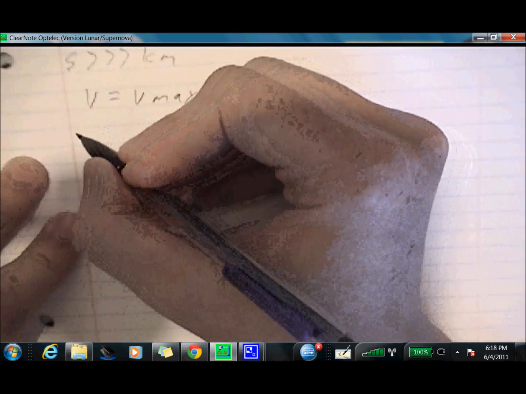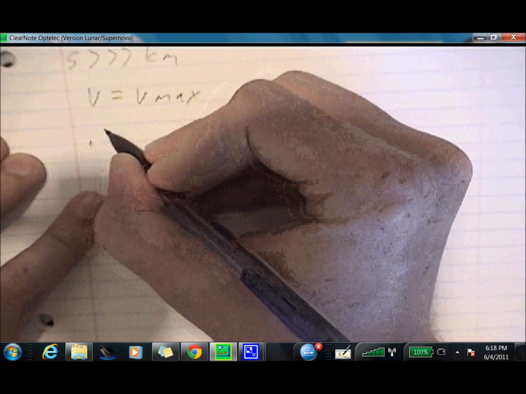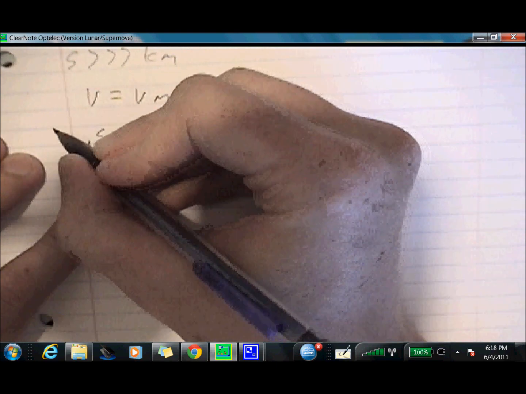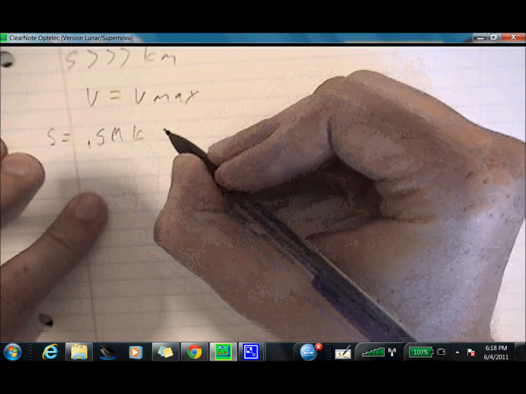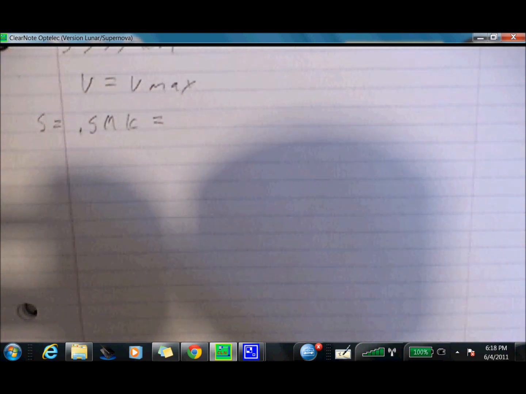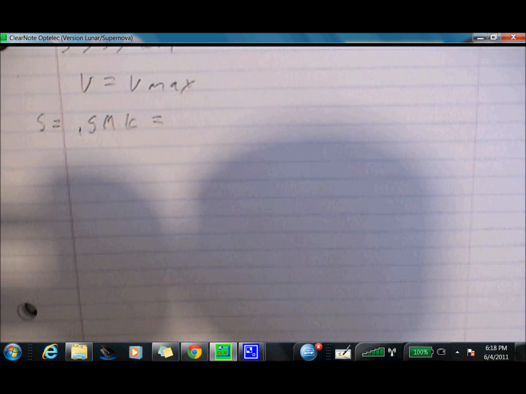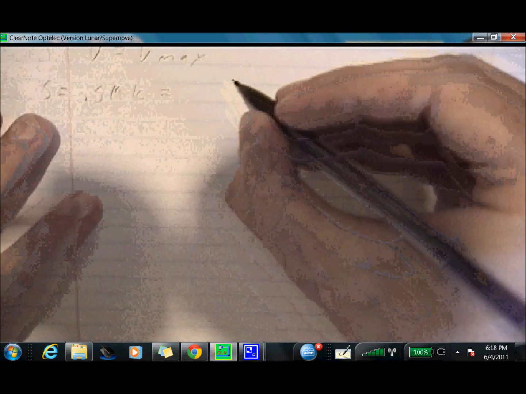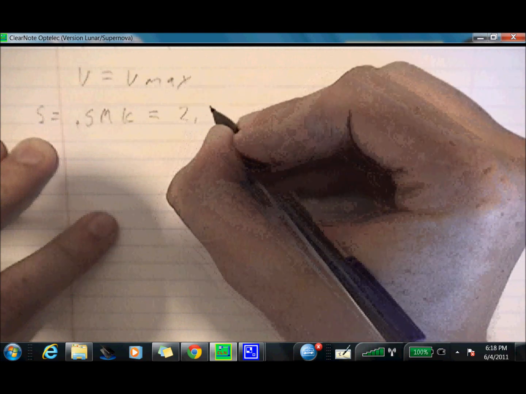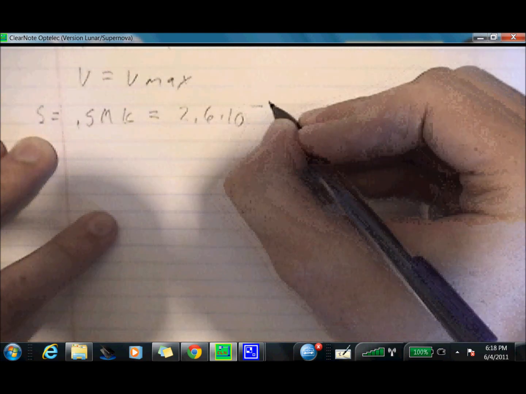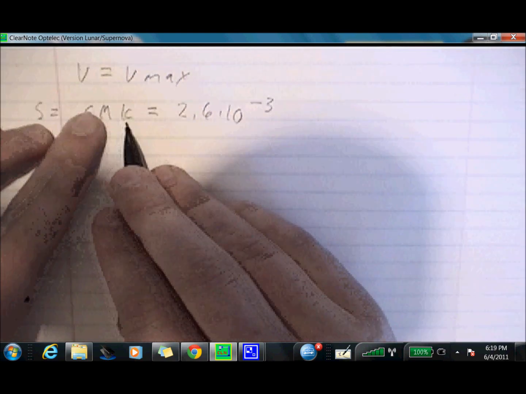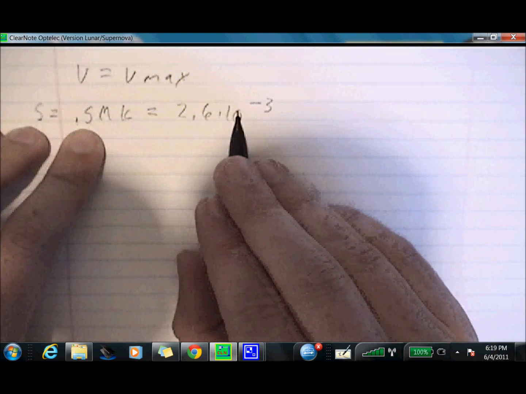So what that means is that when we have a substrate concentration S equals 0.5 molar, and our Km equals 2.6 times 10 to the negative third, you can see that the substrate concentration is much greater than the Km.